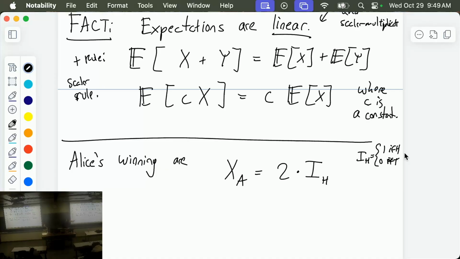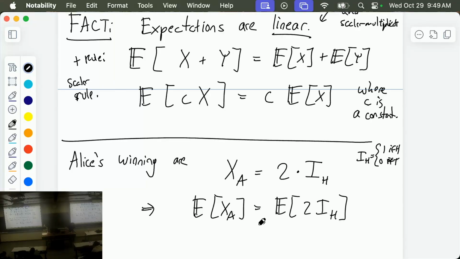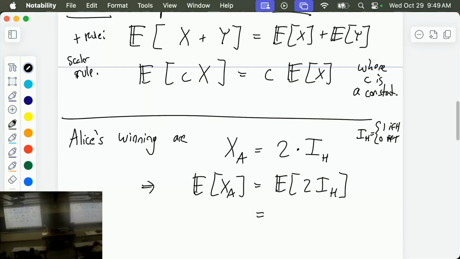Alice is doubling something: you either win the coin flip or you don't, and we multiply it by 2. Therefore, if I take the average of what Alice won, twice this indicator, by the scalar multiplication rule this equals twice the expected value of this one coin flip.